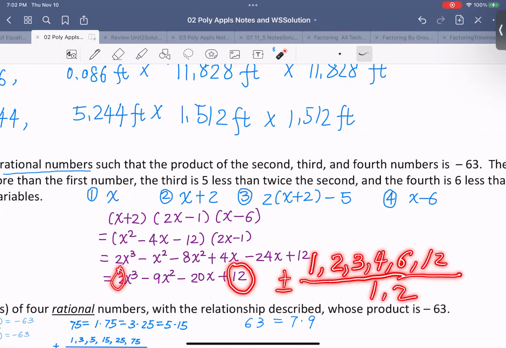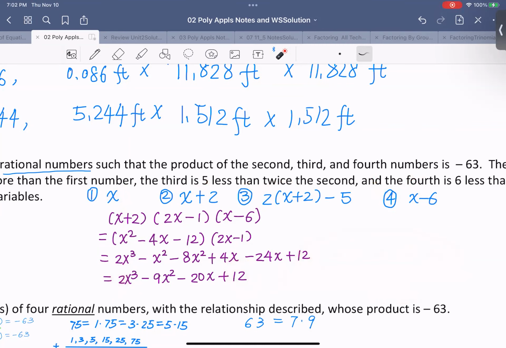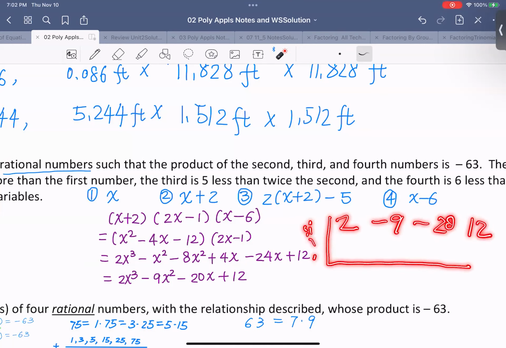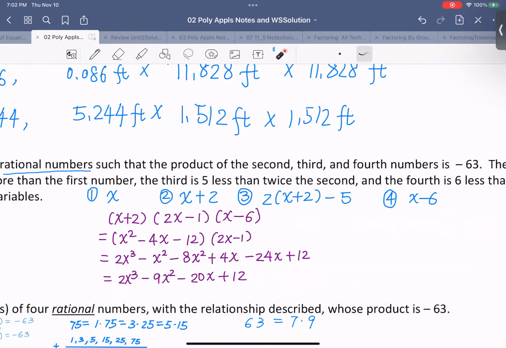Those divided by 1 are still the same, and then 1 over 2, 3 over 2, that's extra, right? Okay, so based on that, we have the list. And then we will try the synthetic division. List 2, negative 9, negative 20, positive 12. Based on the synthetic division, figure it out. Okay? Go ahead.